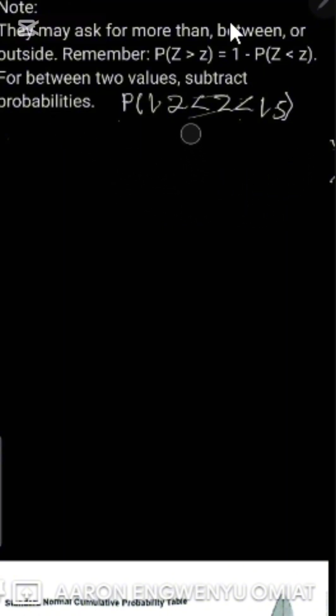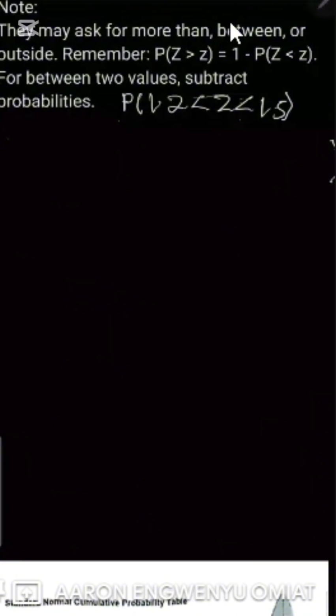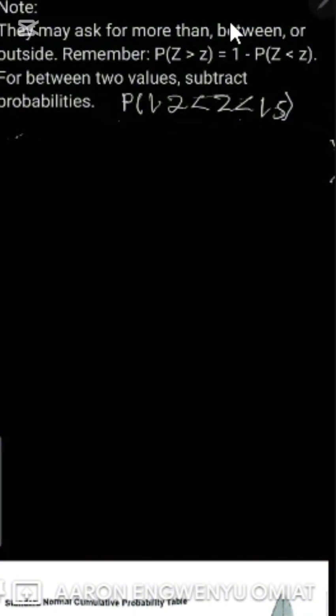Thank you for that observation. We are finding the probability that the Z score is between 1.2 and 1.5. That means greater than 1.2 but less than 1.5.